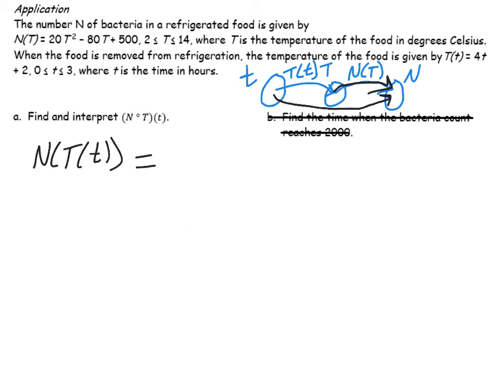I want to know if I put in this much time, the function will tell me this much bacteria. We'll plug in a value for little t, and it will give us N. No longer time to temp to bacteria, just time to bacteria.